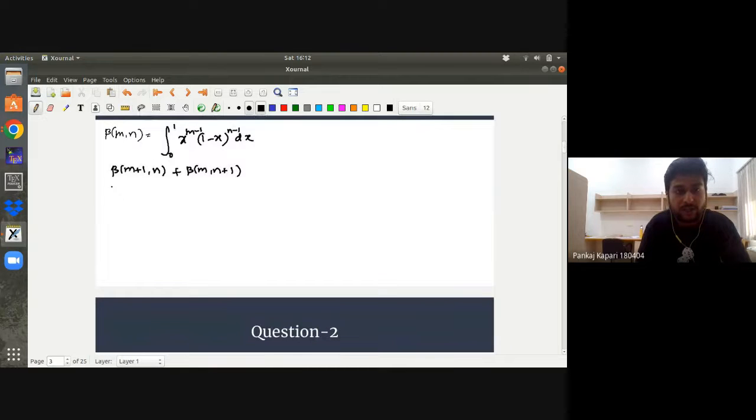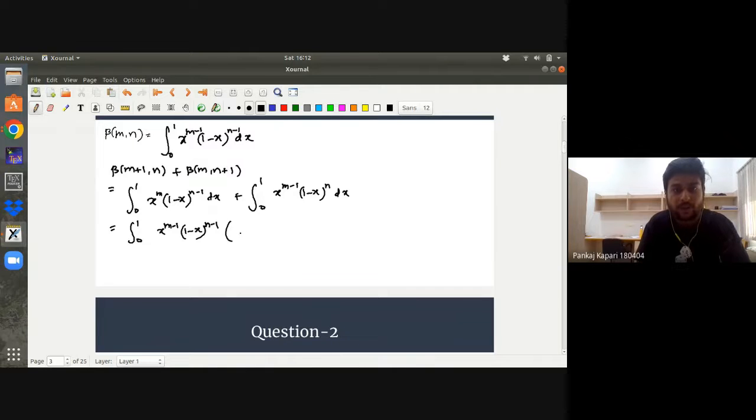So let's apply the definition of this integral. This is the integral from 0 to 1 of x to the power m and 1 minus x to the power n minus 1 dx, plus the second integral, 0 to 1 of x to the power m minus 1 and 1 minus x to the power n dx. Now we can add these integrals from 0 to 1 and take x to the power m minus 1 and 1 minus x to the power n minus 1 common.